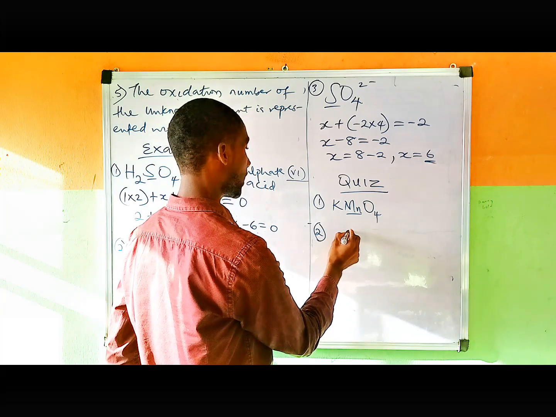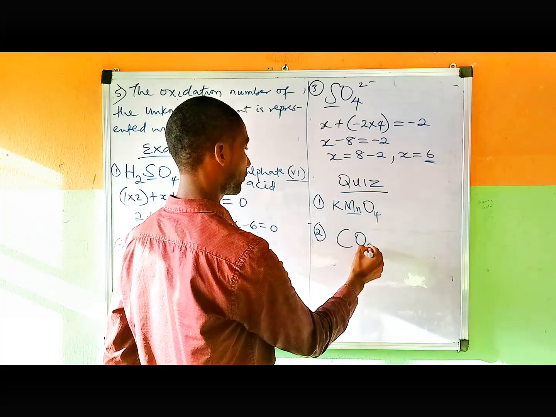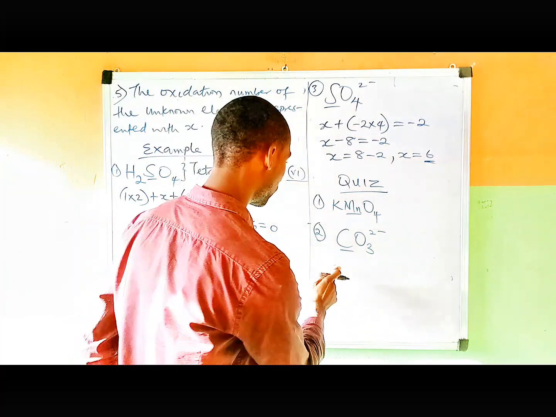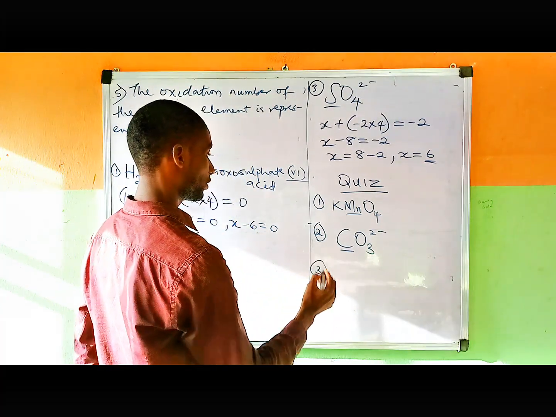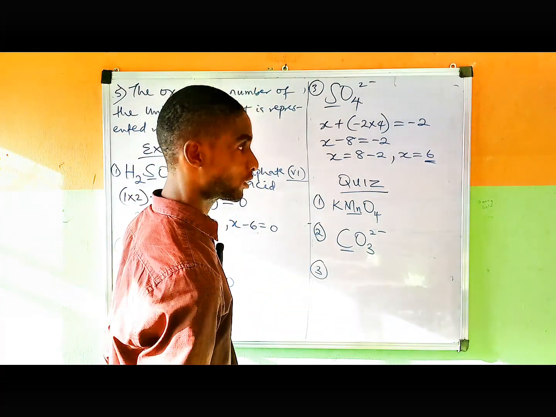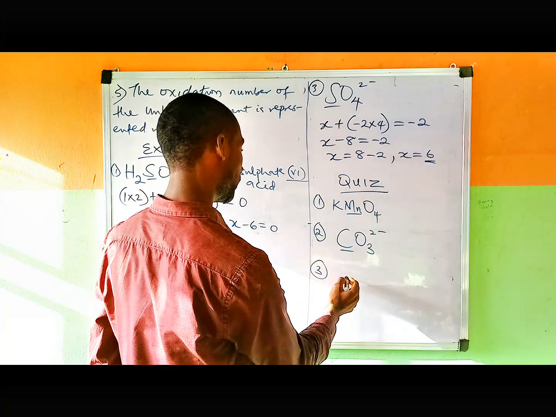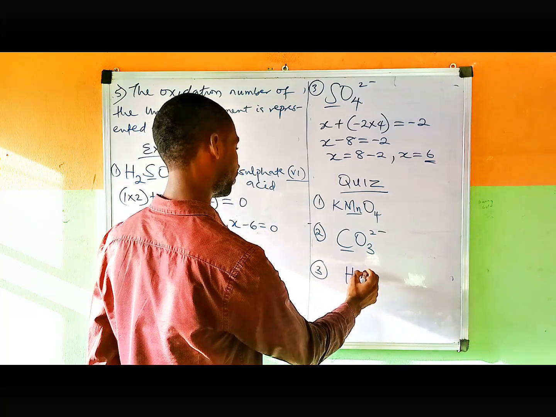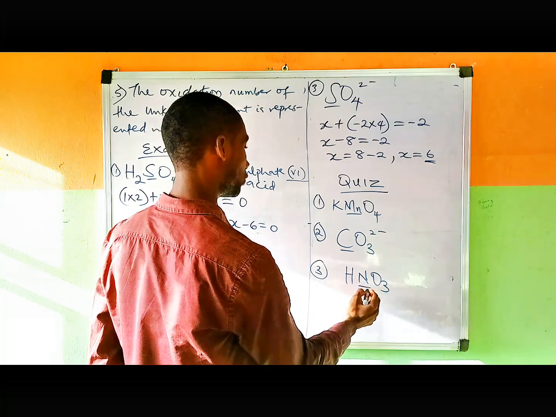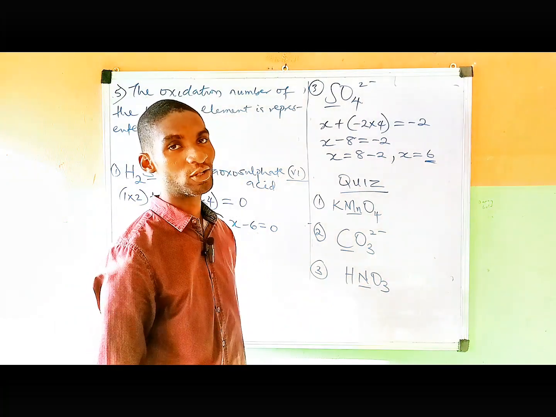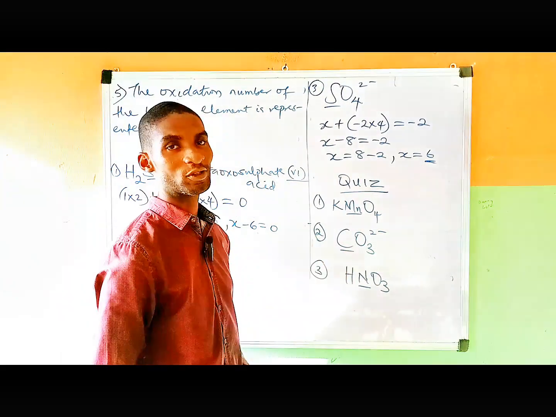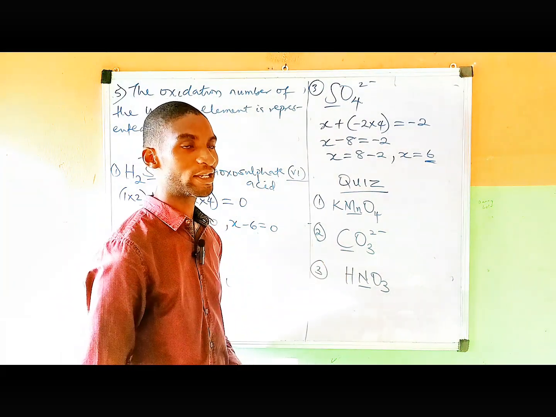Then the oxidation number of carbon in CO3 2 minus. And the third one, you have to find the oxidation number of nitrogen in HNO3. Alright, so I'll be expecting your response to the questions in the comment section.